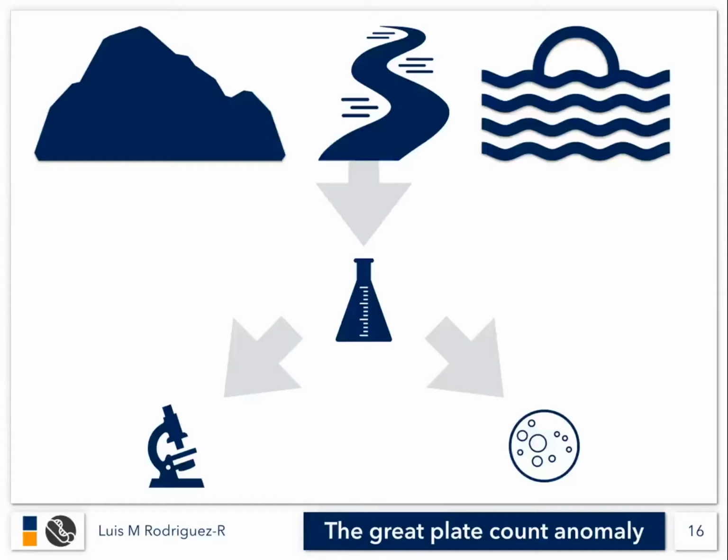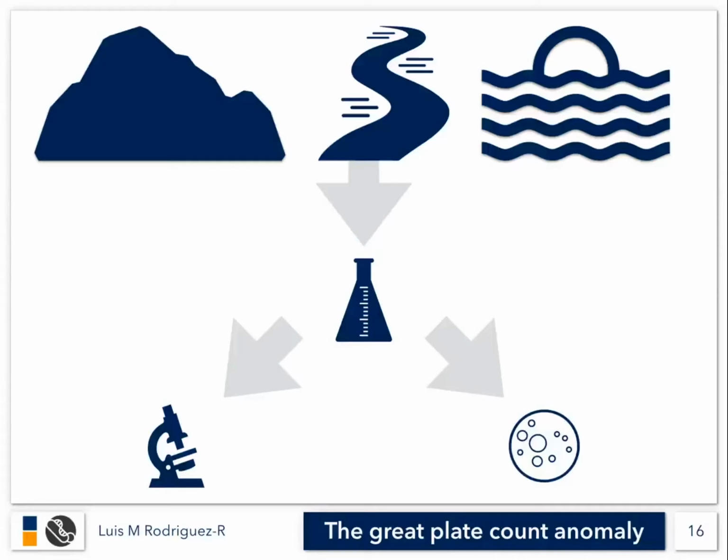Or we can take this sample and plate it into a petri dish or a broth, and then actually grow them. Using something called dilution techniques, this process here on the right, this process of cultivation, can result in a very, very accurate quantification of the number of cells that gave rise to the colonies here.